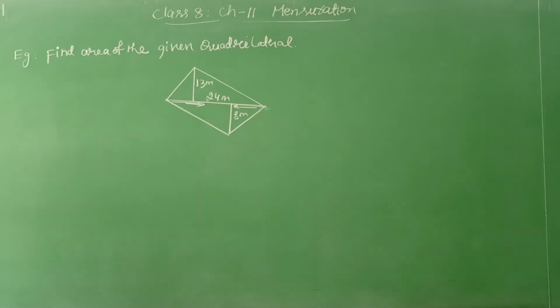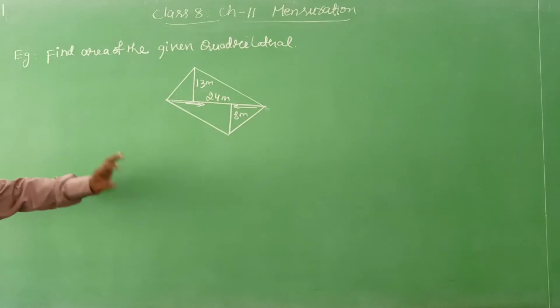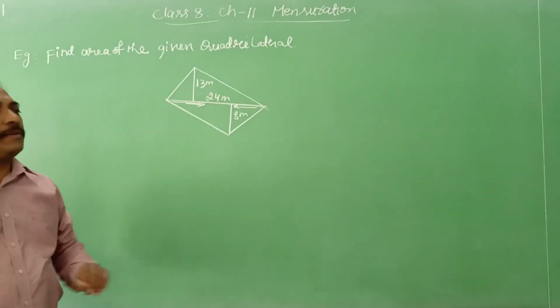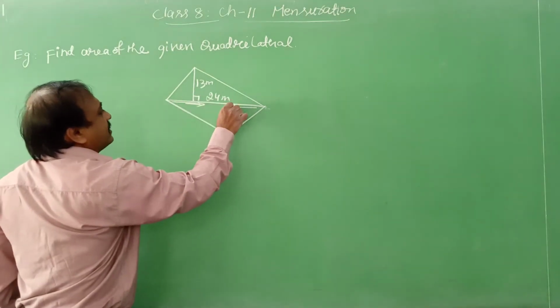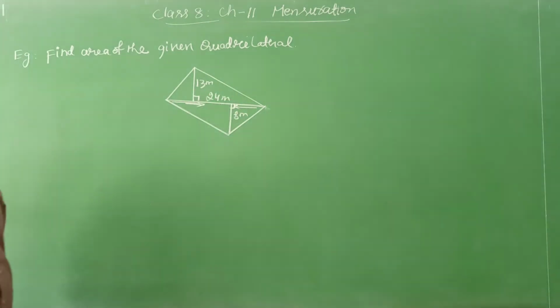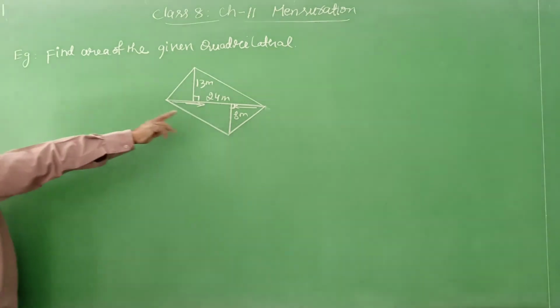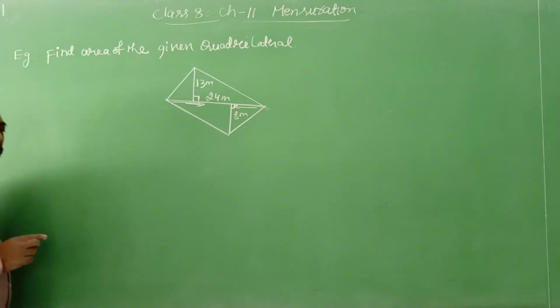Now look at this. Find the area of the given quadrilateral. The diagonal is given, 24 meters, and the corresponding altitudes are given, 13 meters and 8 meters. We know that the area of the quadrilateral is half d into h1 plus h2.